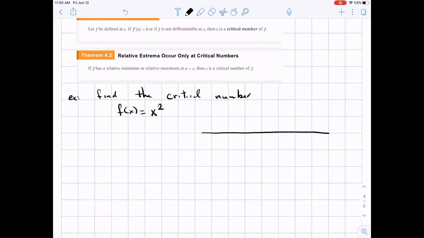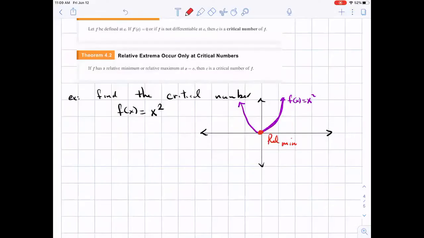If we draw the graph of x squared, which is a parabola, that's the graph here. And we see that there is a minimum there. That's a relative min. From graphical observation, we can see that.